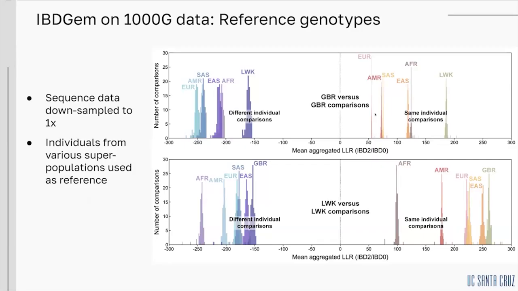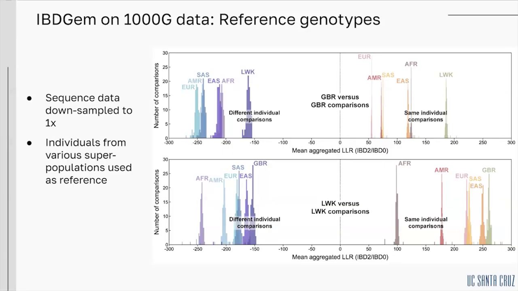Because IBD-GEM requires a reference panel to model the background genetic diversity, we next wanted to know if the choice of our reference panel could meaningfully affect the likelihood result that it generates. In the last experiments, I used genotypes from all unrelated individuals in the 1000 Genomes as my reference panel.